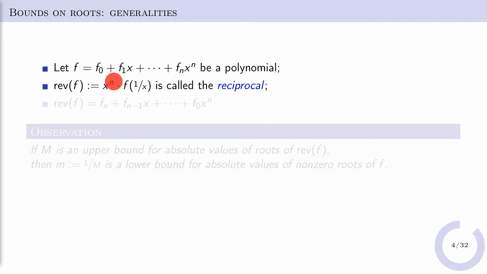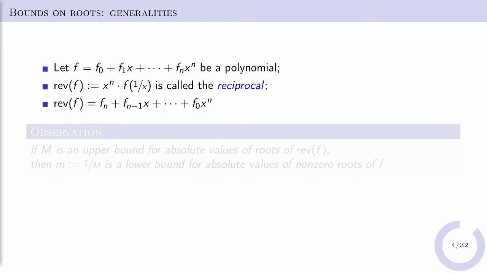So this nth power of x will cancel this 1 over x. So what we get is f1 times the n minus first power of x. And here, when we had a constant term, when we multiply it by the nth power of x, we will get f0 times the nth power of x.